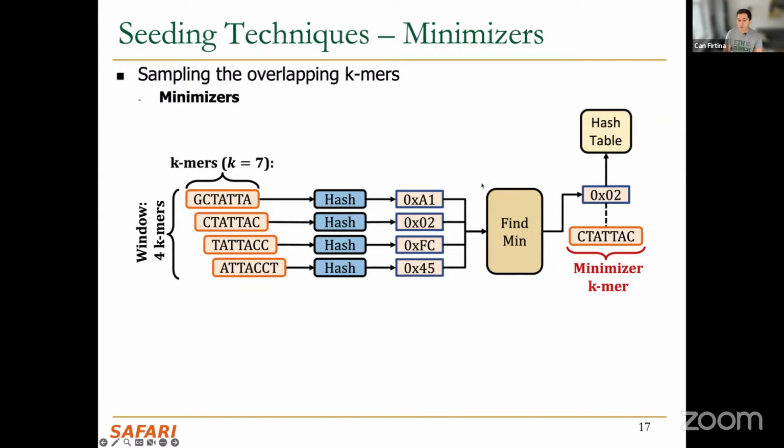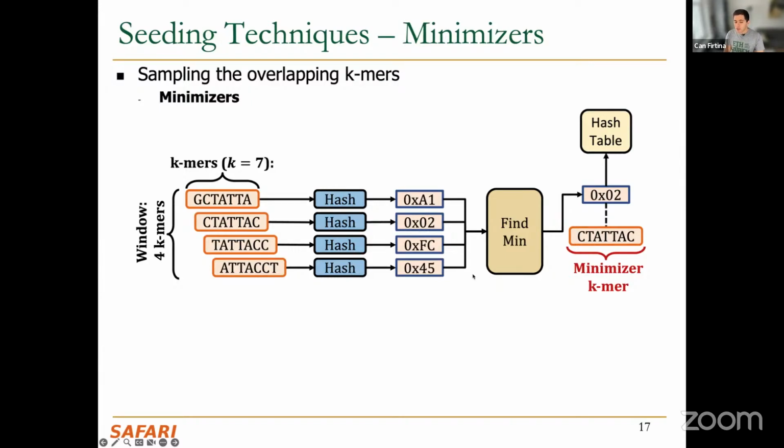Rather than storing all of these, we store the one that provides the minimum hash value. So we avoid storing all of them, and only store the minimum hash value. This means we sampled at almost a 1:4 ratio, let's say.